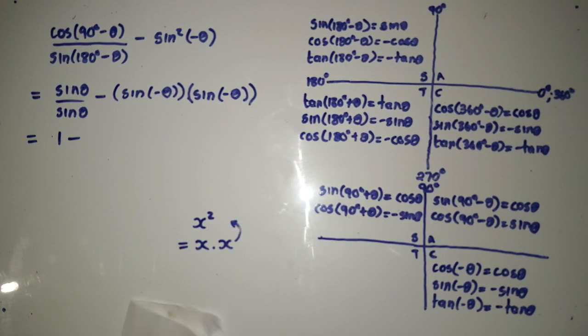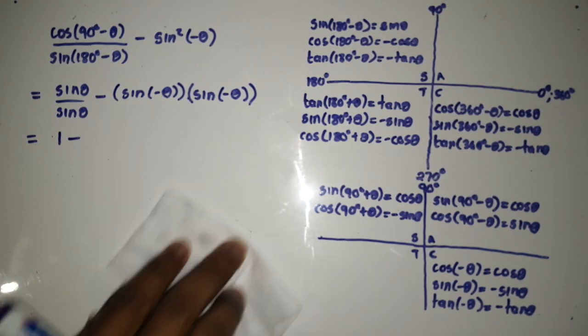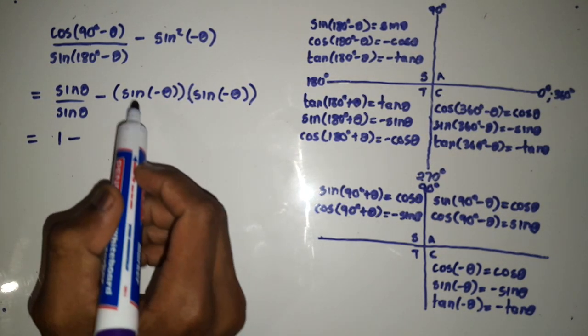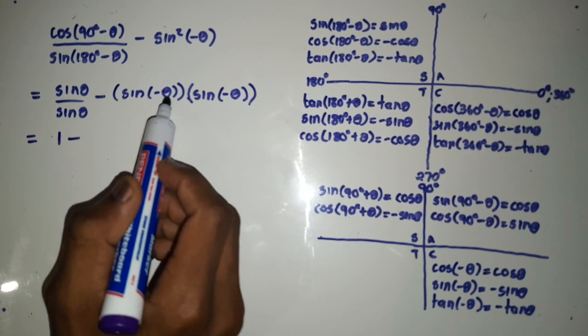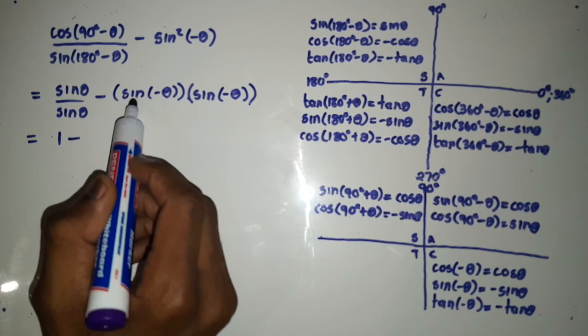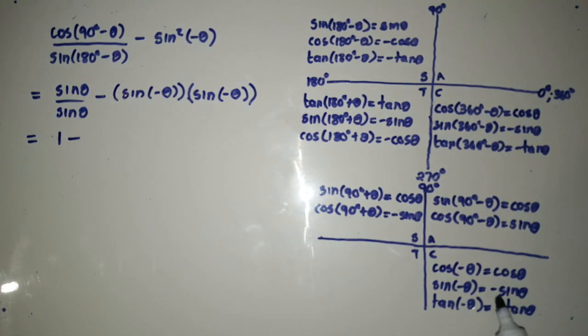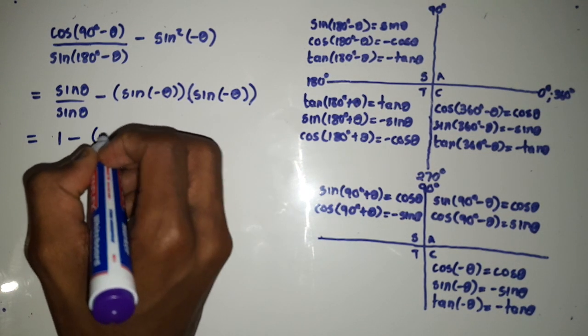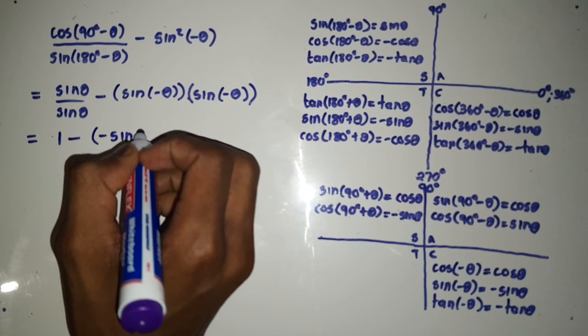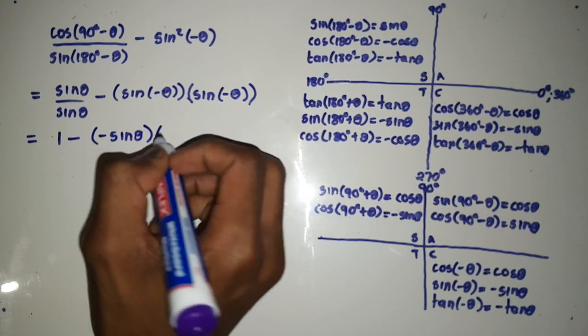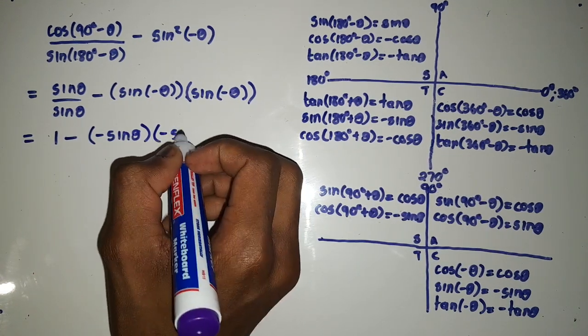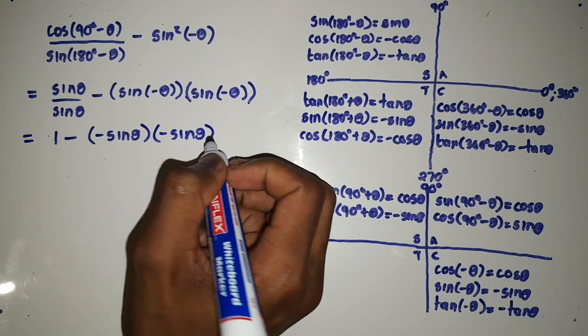Then focus now on this one. We have a negative angle of sine. Then it's going to change into negative sine theta. Same applies to this one, negative sine theta, like this.